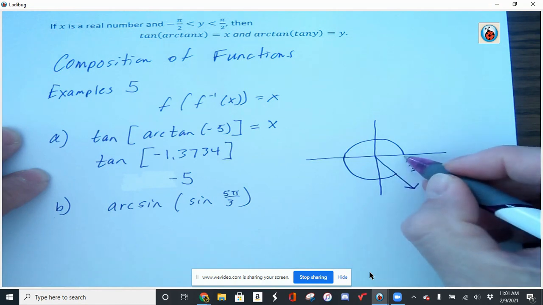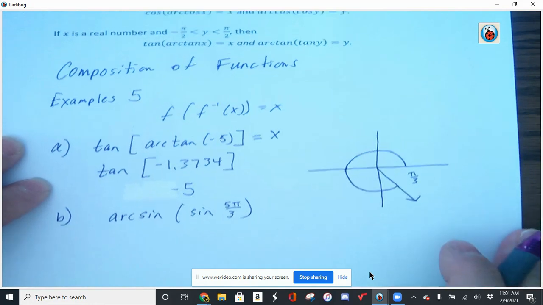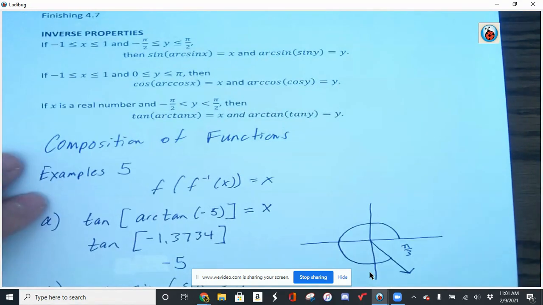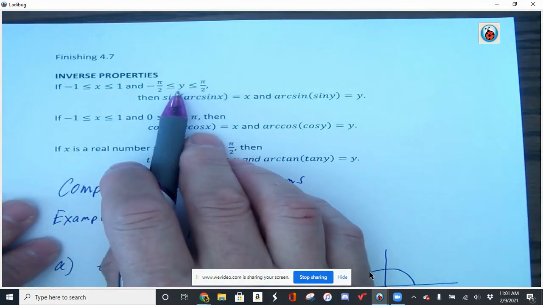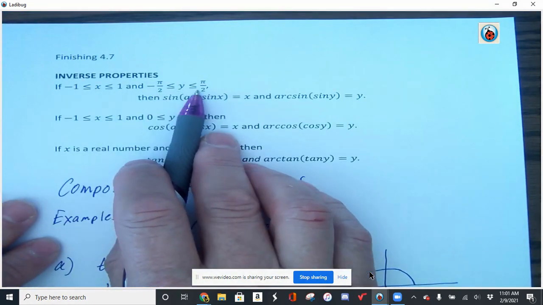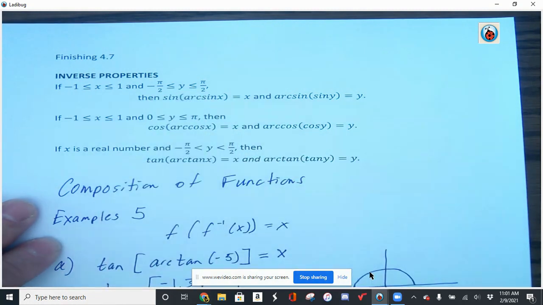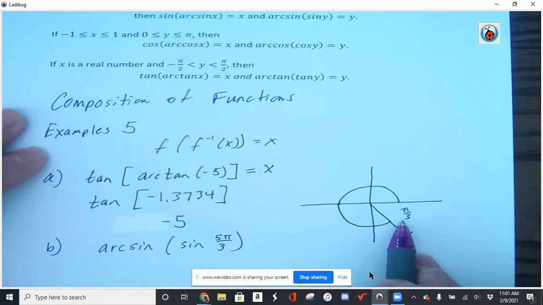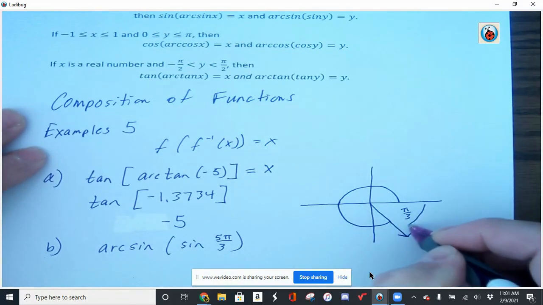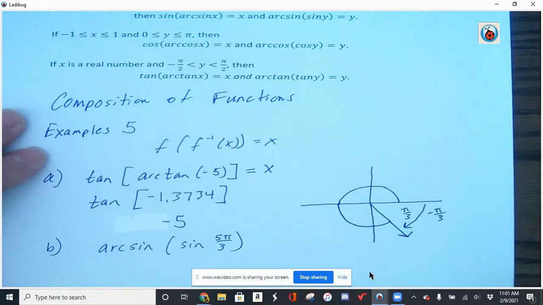I can keep going one more third to finish off that circle if I wanted to, which brings up the but. My y value is 5 pi over 3, and I want my y value to fall within that interval. It doesn't, but 5 pi over 3 is coterminal to this angle, negative pi over 3.